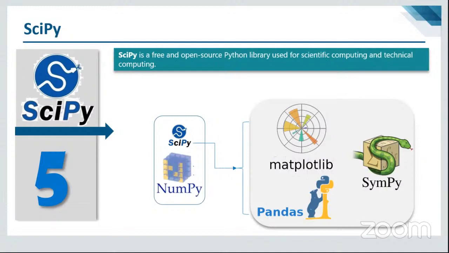SciPy gels very well with your NumPy, and then it integrates with all your other libraries like Matplotlib, Pandas, all of them. So that is what happens in your SciPy.